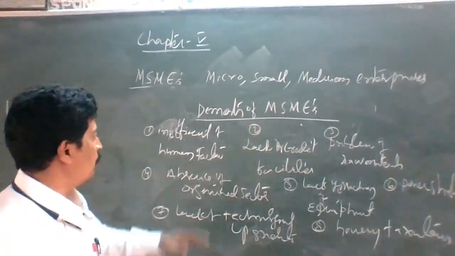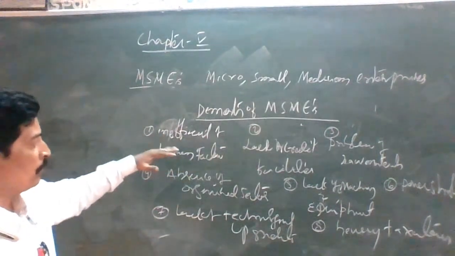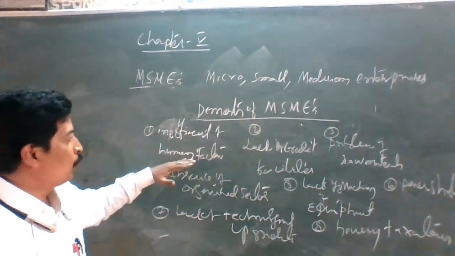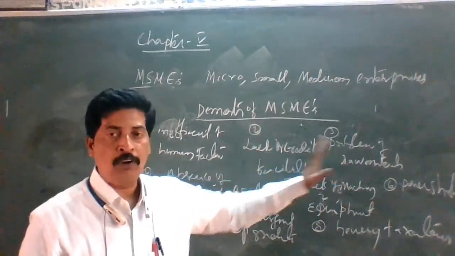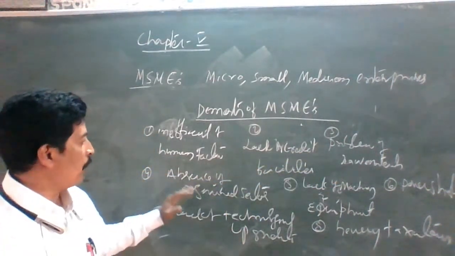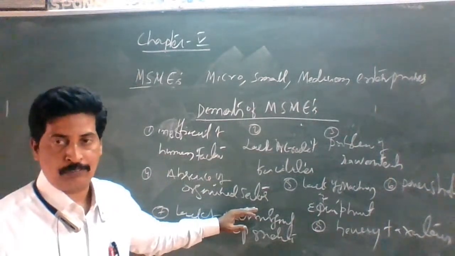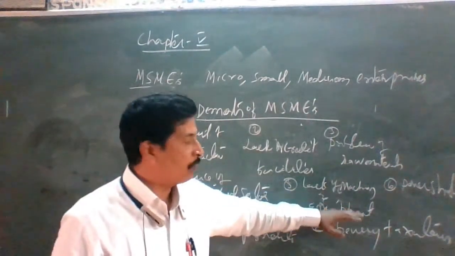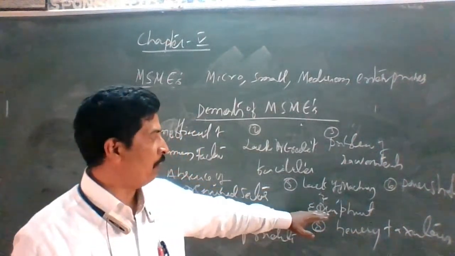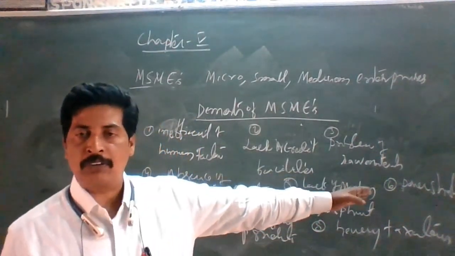So here are the demerits. Demerits: inefficient human factor, lack of credit facilities. Third one is problem of raw material. Fourth one is absence of organization. And fifth one is lack of machinery and equipment. Power shortage, sixth one.